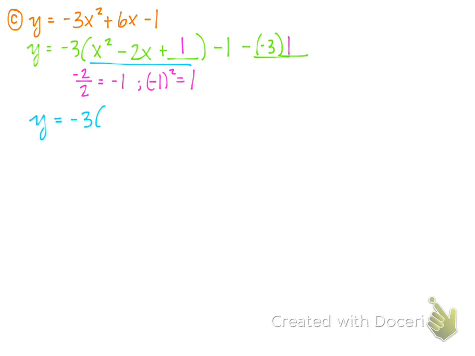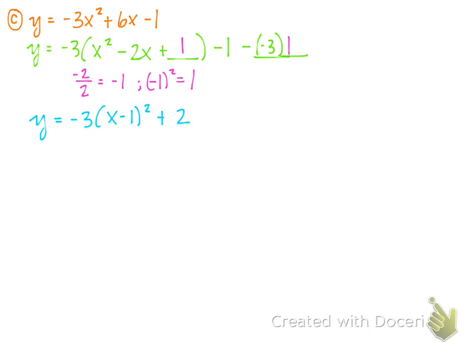Factor in this guy. You end up with x minus 1 squared. Then, what we have here is negative 1 minus this, excuse me. From here we get a positive 3. So you have negative 1 plus 3. So we get plus 2. Sorry, I got a little tongue-tied.